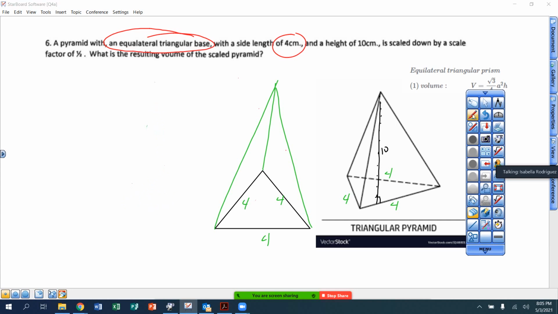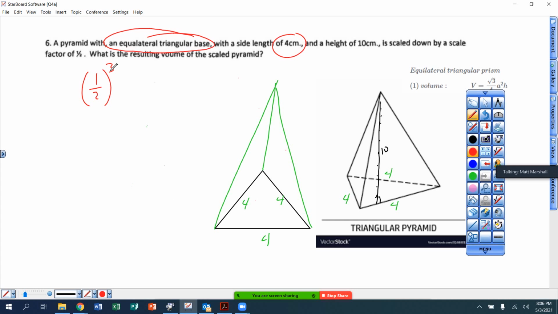If that's volume, we'll take 1/2 and you put it to the 3 of the exponent. Good job. What if it's a scale factor of 1/2 and you're doing area? What would you do? You do 1/2 squared, right?